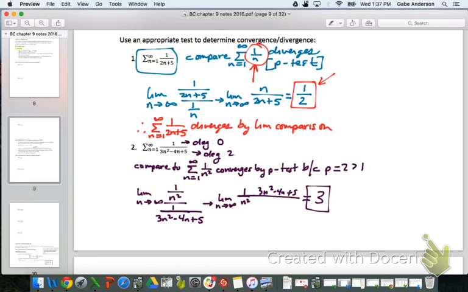And therefore, since that number, 3, is positive and finite, we can say that our original series of 1 over 3n squared minus 4n plus 5 must also converge by limit comparison.